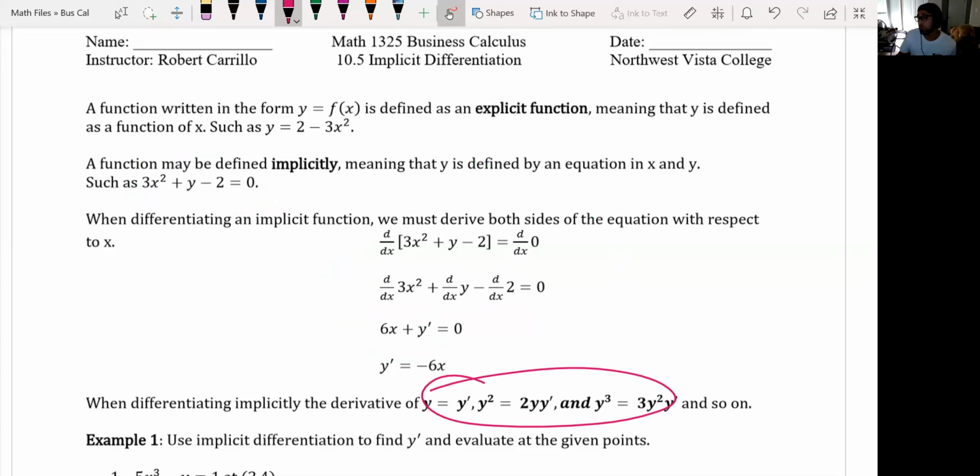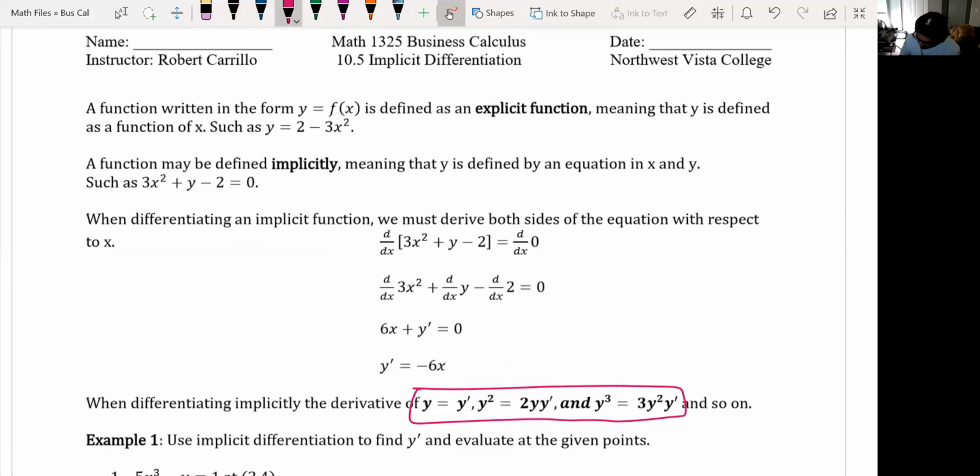Okay, down here is the key we are going to be following. These are the implicit derivatives of y. I'll translate it up here. If I said d over dx of y, this becomes y prime.